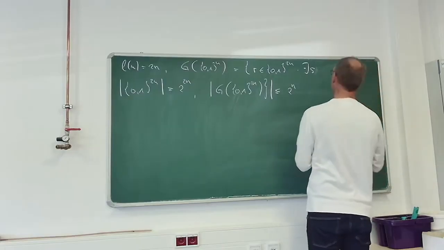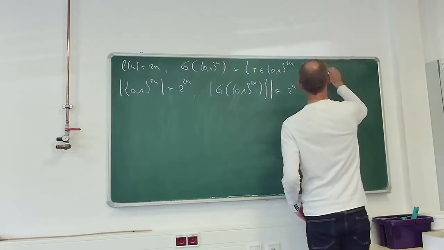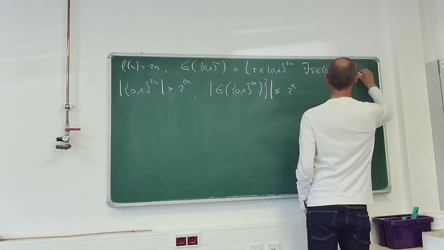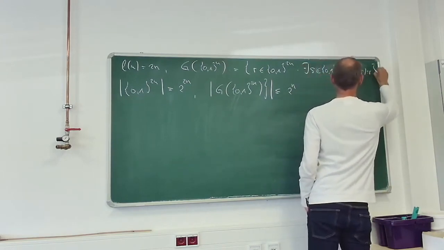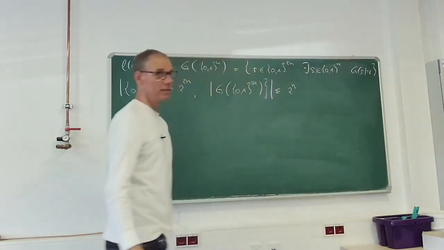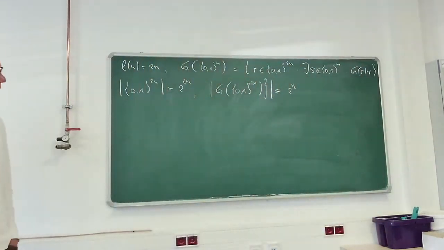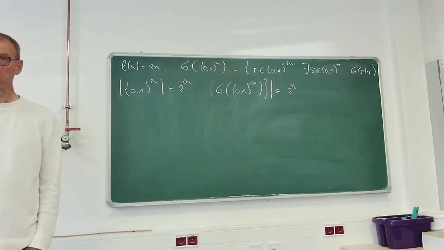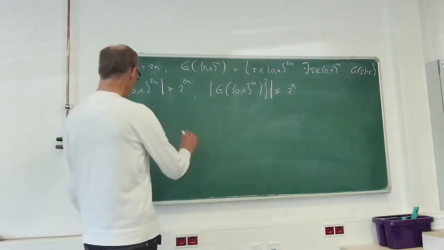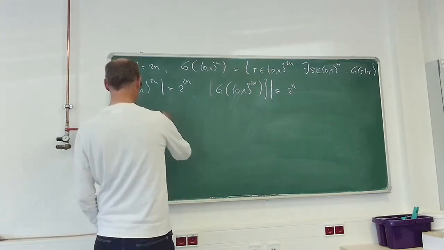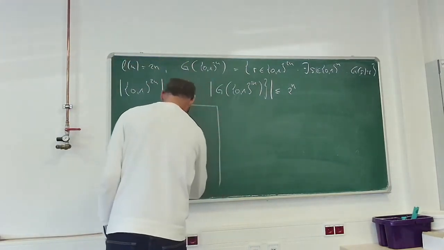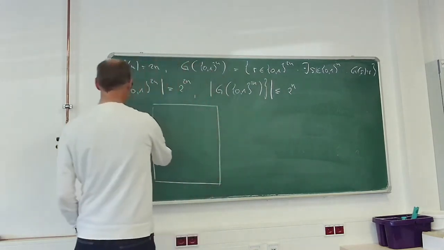Something important was missing here. Okay, S into 0, 1 to the n. Now, if you look at this set here, let's denote it by just this big box here.